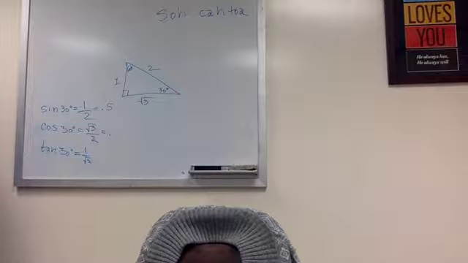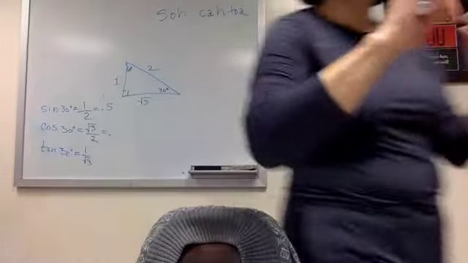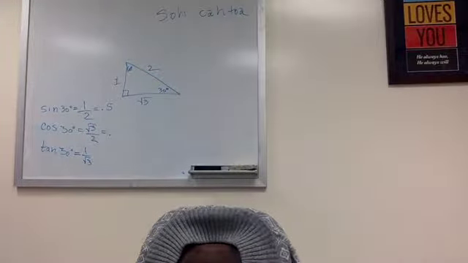Did everybody get that? Did you get that, Esther? No. Okay, make sure when you're doing the square root of 3, you hit the right arrow and get out from underneath the radical. You're not taking the square root of 1.5, you're taking the square root of 3 divided by 2.